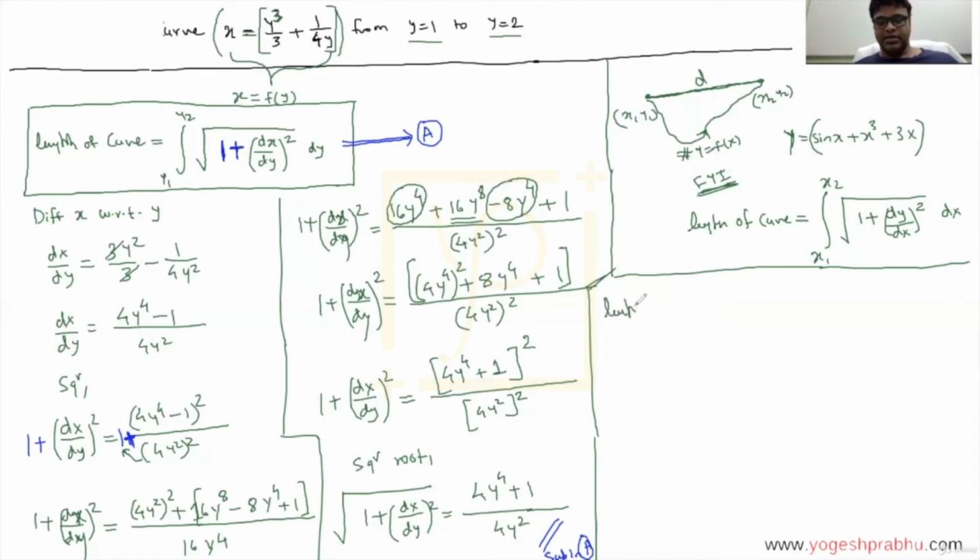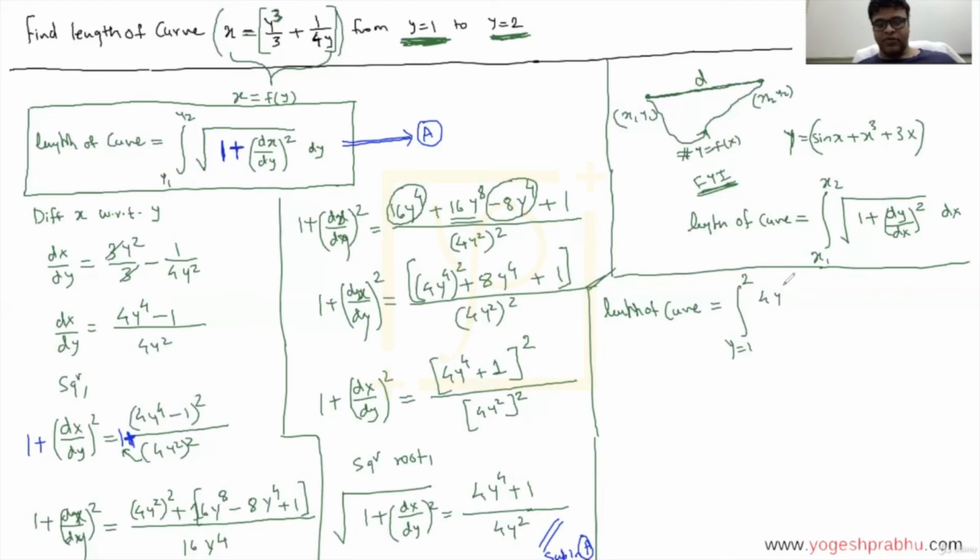This will be the length of curve is equal to the integration. Now you can see that here the limits of y, they're asking us to take the limits of y from 1 to 2. That's as per the question. So the values of y will go from 1 to 2, and the value of the square root of 1 plus dx by dy the whole square is this over here. Let's just substitute that here.